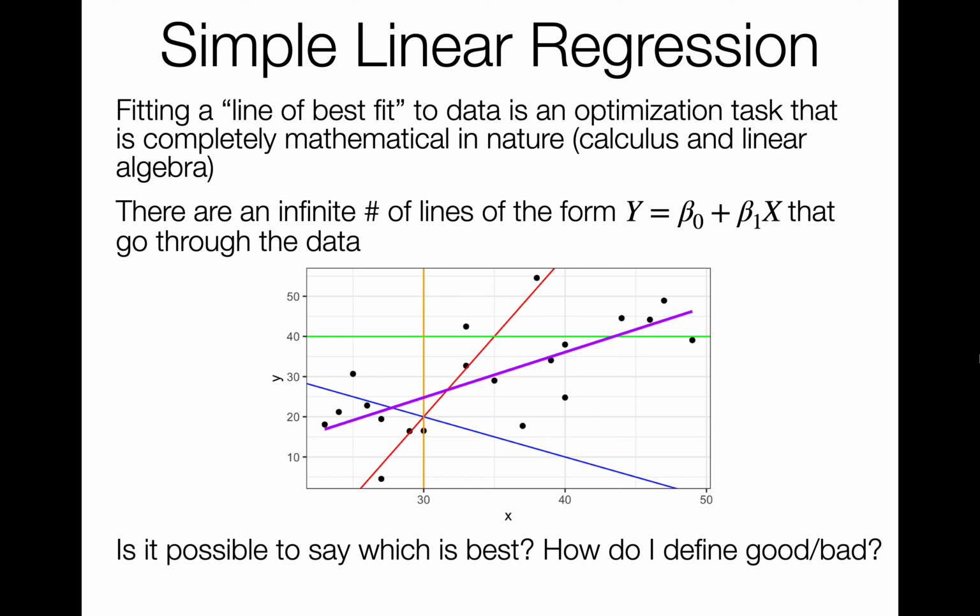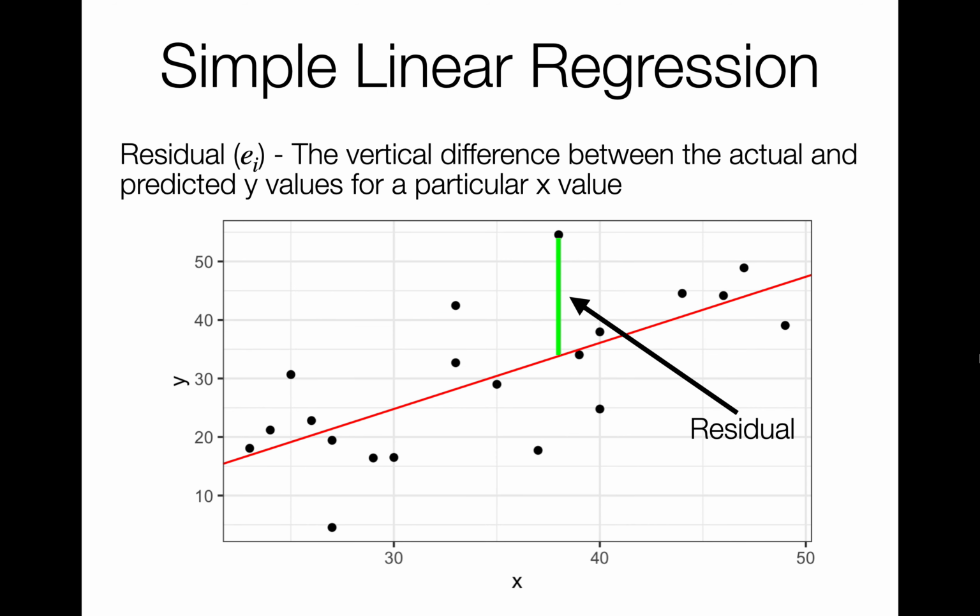The answer to that, at least for linear regression problems, is I have to create some numerical value that tells me that. And so to start, we're going to define what's called a residual. A residual is the difference between an actual value of y and the predicted value of y, which is the line.